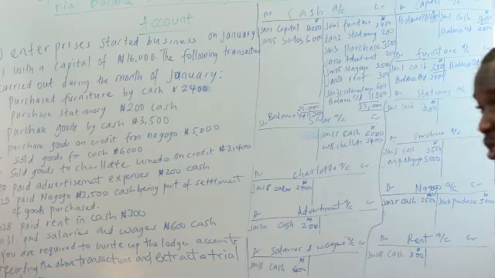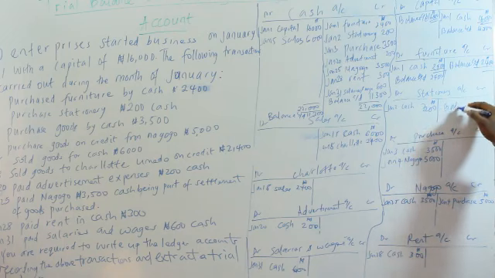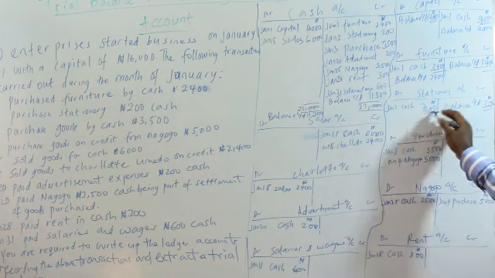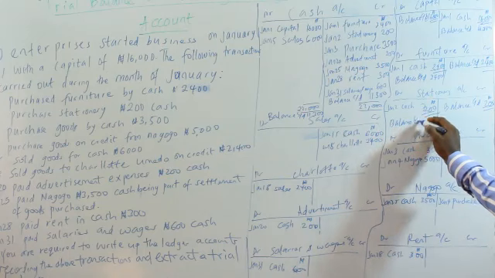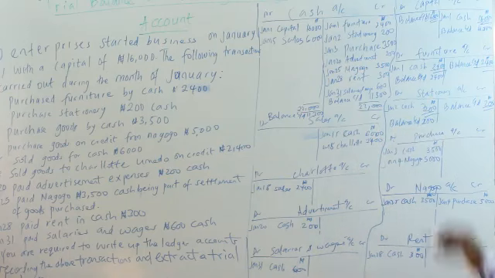2,400. Same thing, we can also have balance carried down in here in the stationery account. Since there is nothing here, 200. So we can have balance brought down 200.